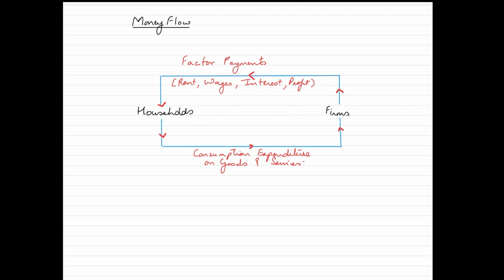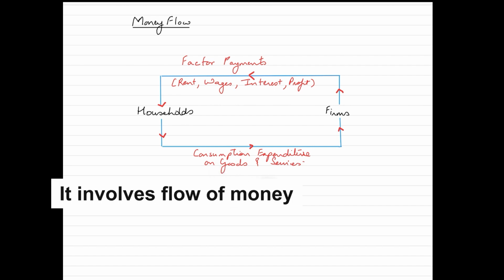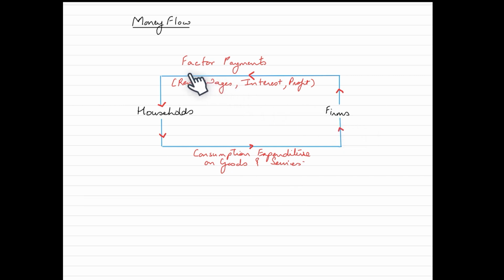So, this would talk about the flow of factor payments from the firms to households and the corresponding flow of consumption expenditures from households to the firms for purchasing goods and services that the firms are producing. It is called a nominal flow because it involves exchange of money between the two sectors. In the first segment, in the form of factor payments, and in the second segment, expenditure incurred on the consumption of goods and services.